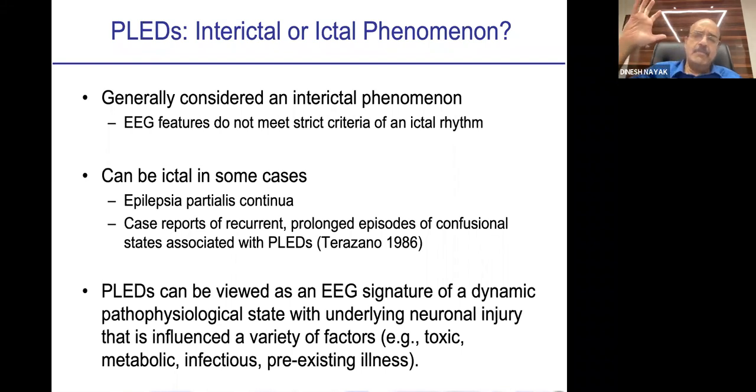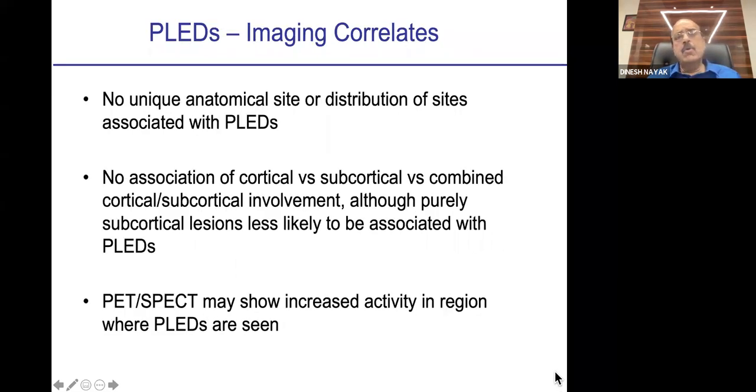And the same PLEDs can be due to multiple different etiologies. Neuronal injury, that's the main thing. It could be ischemic, infective, toxic, or metabolic. So the injury is there, but the mechanism of injury can vary. Another point: no unique anatomical site or distribution is associated.